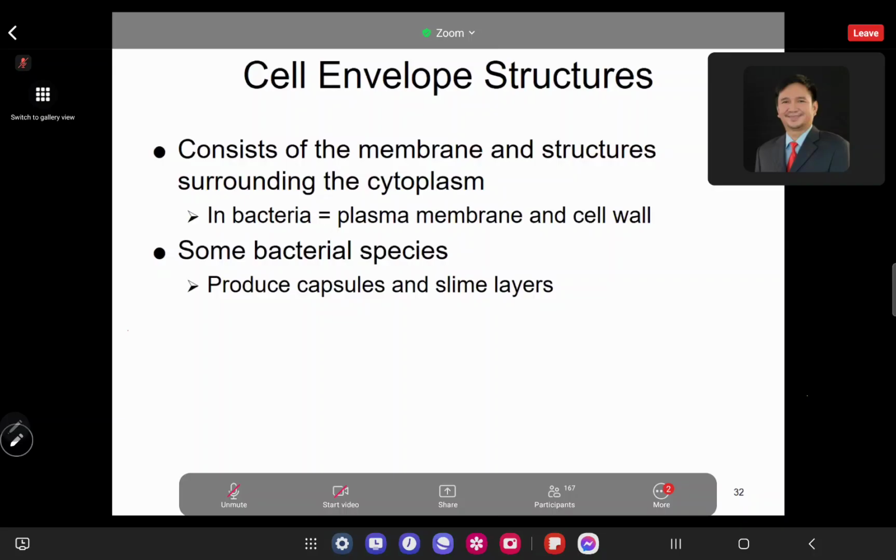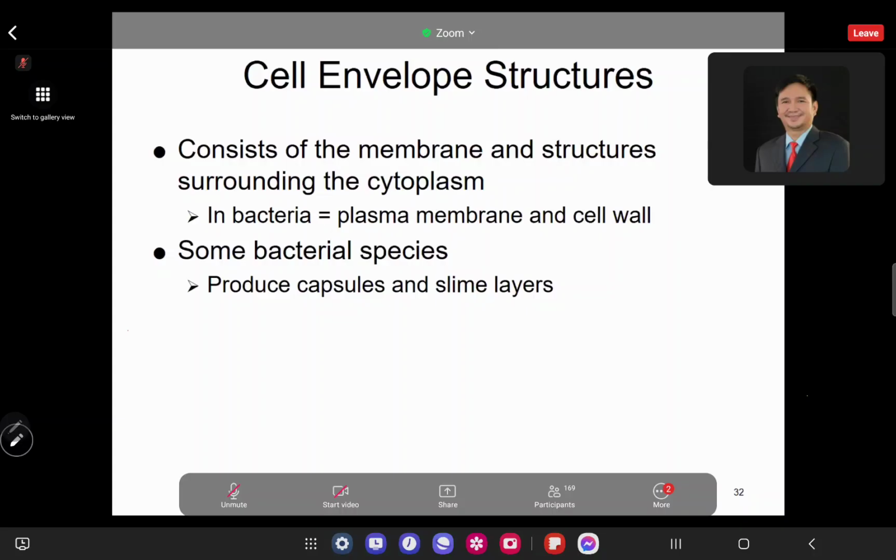or evade host immune responses or enhance adhesion to surfaces. An example of how a capsule can evade immune responses will be avoiding phagocytosis.